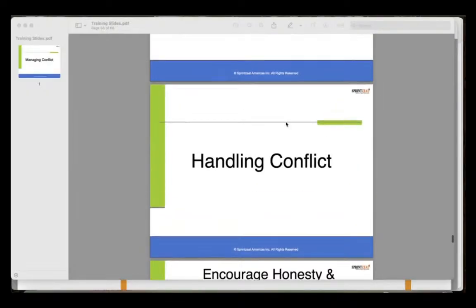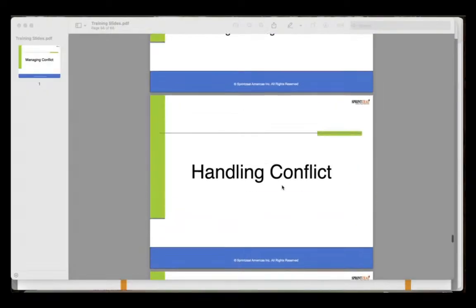Coming to handling conflict. After all these steps, and even before starting handling conflicts, there are some important points we should keep in mind, whether we are applying any role, any strategy, or doing any analysis or identification of interested parties.